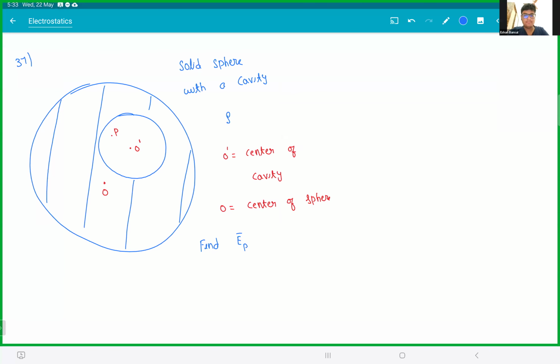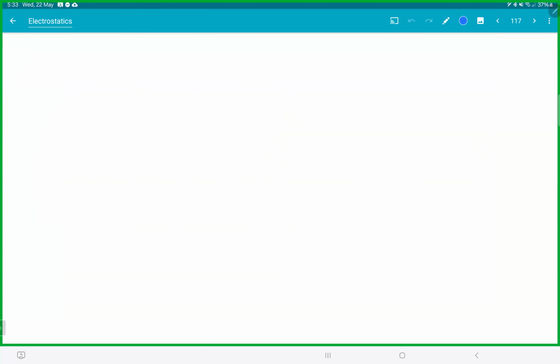No, sir. See, this thing I taught you in center of mass and rotation, right? Moment of inertia. Whenever you see cavities, there is only one technique. You take the full sphere, minus the small sphere, the cavity.